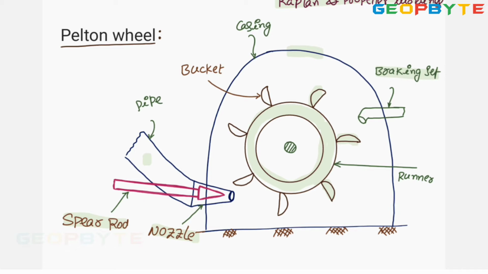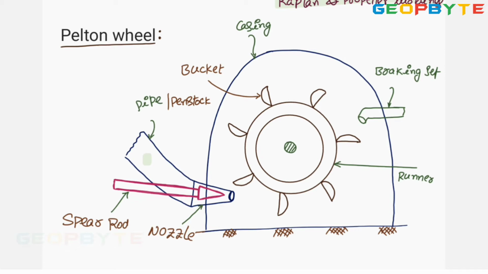Now let us discuss the working principle. The pipe, also called the penstock, is carrying the water from the valve house to the turbine.